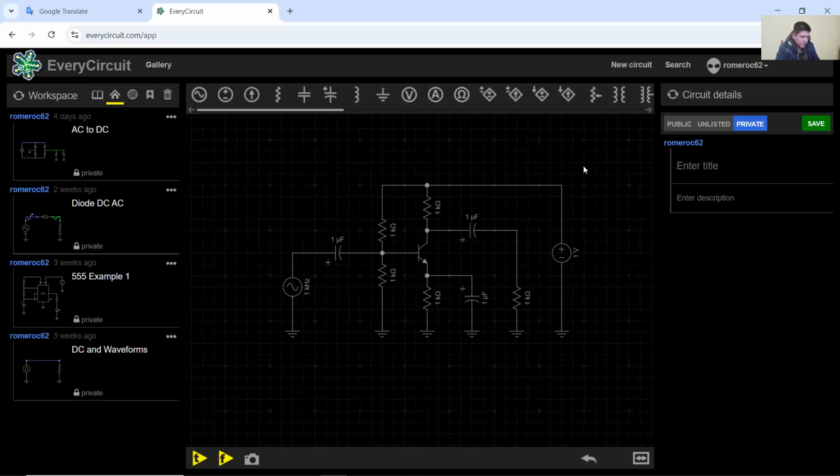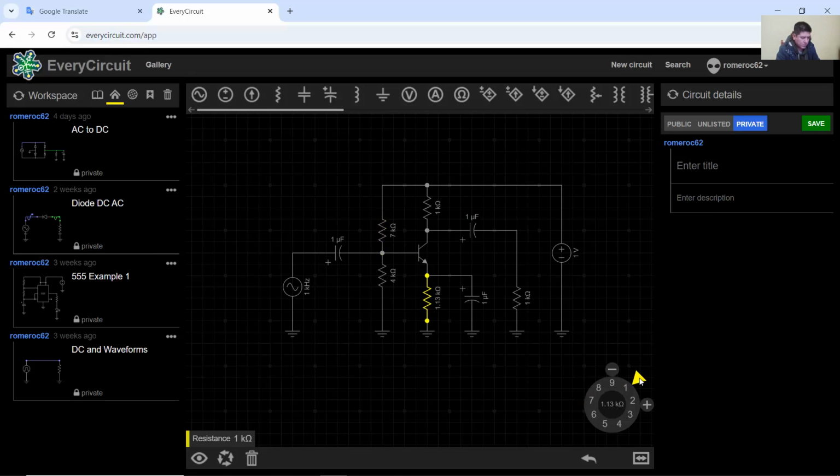Now modify the values of the resistors. And adjust 4 kilo ohms. Up here 7 kilo ohms.